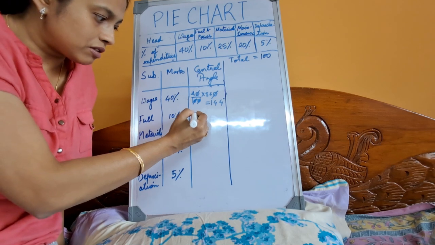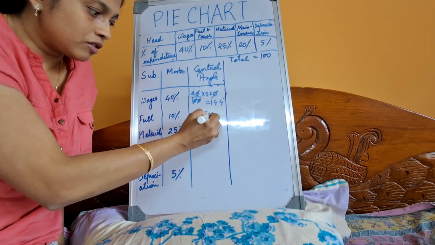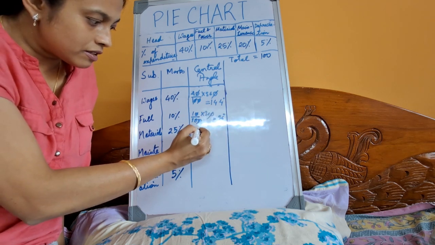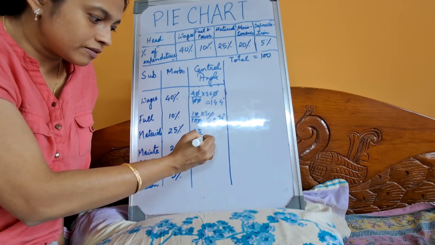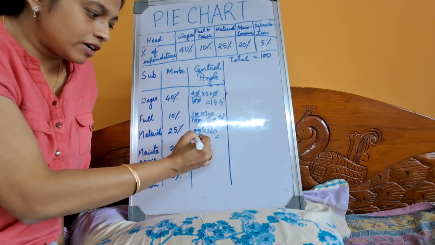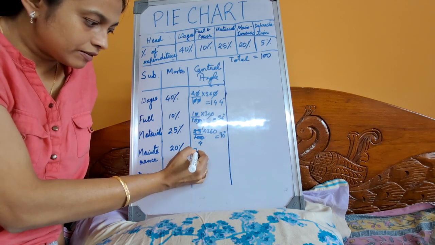This one is 10%, so it will be 36 degrees. Next is 25%. So 25, this can be cancelled, it is 90 degrees.